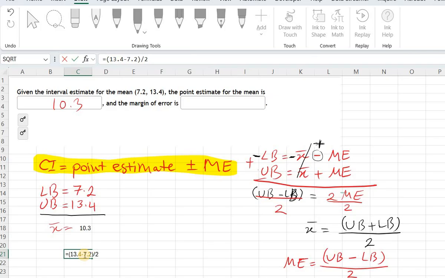Or you could do them separately, do the subtraction first, and then you divide the result by 2. So the answer in our case is 3.1, and that would be the margin of error. So the margin of error is equal to 3.1. Hopefully that will answer your question. If you do have any questions, let me know.